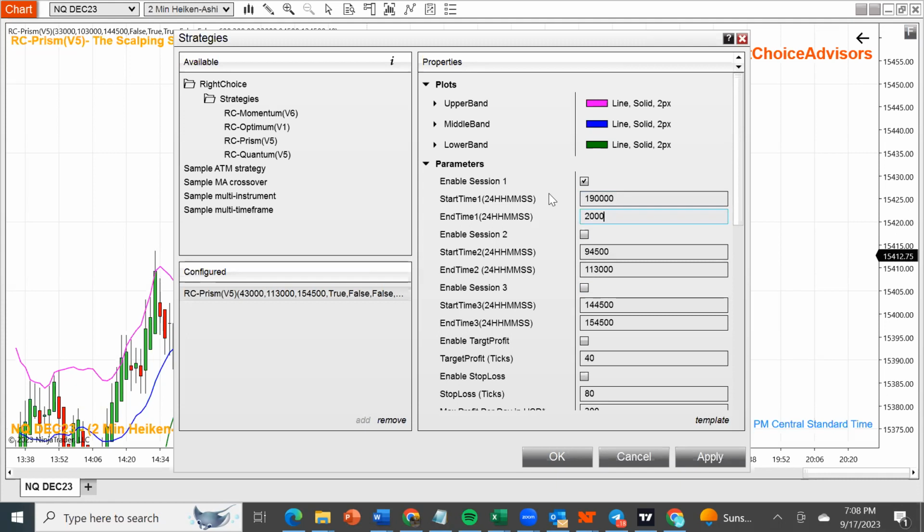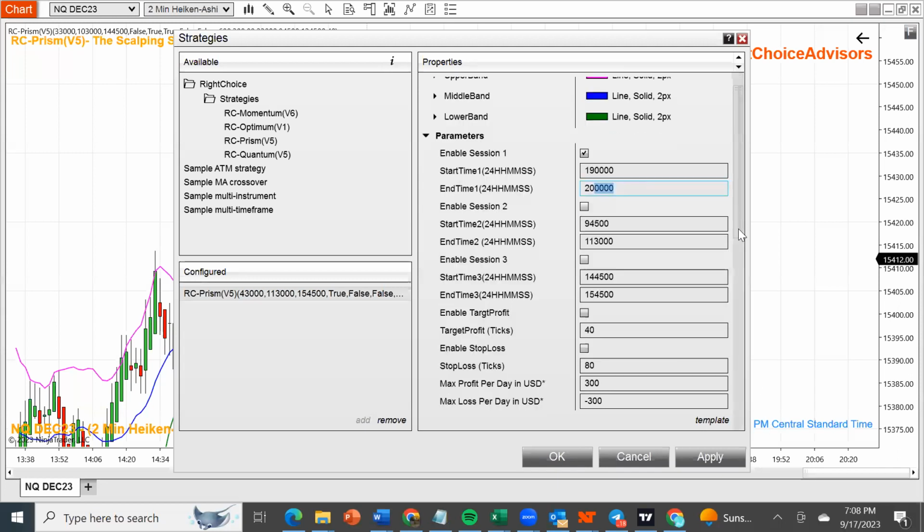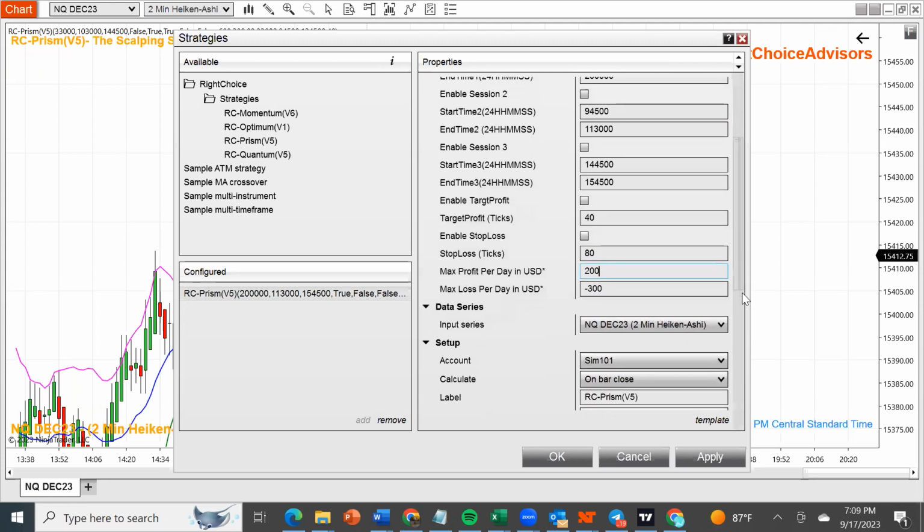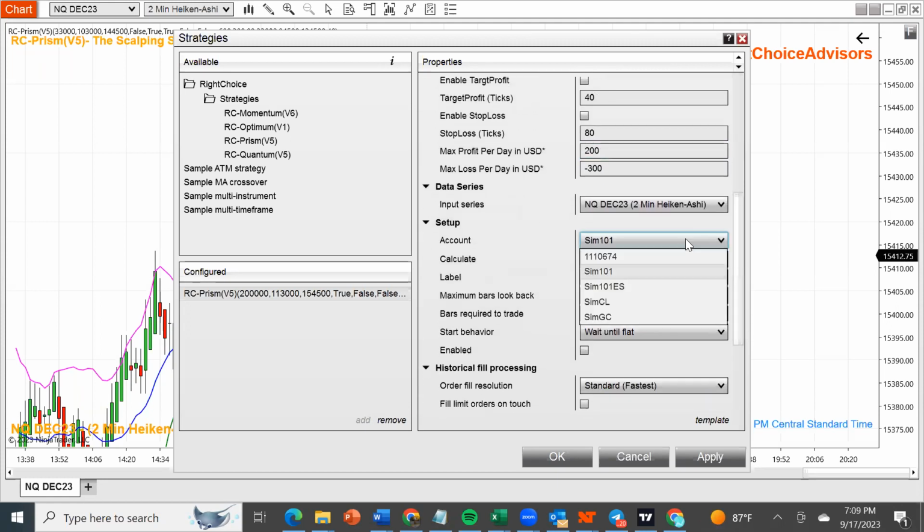So for example, I want to run from 19 to 20 hours. That means 7 to 8 central, because I am in the central time zone. I am disabling the other two. And let me put that whenever I make $200, I want to close, or whenever I have a 300 stop loss, I want to close.